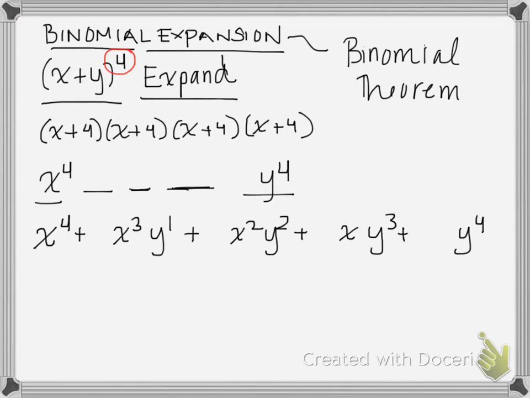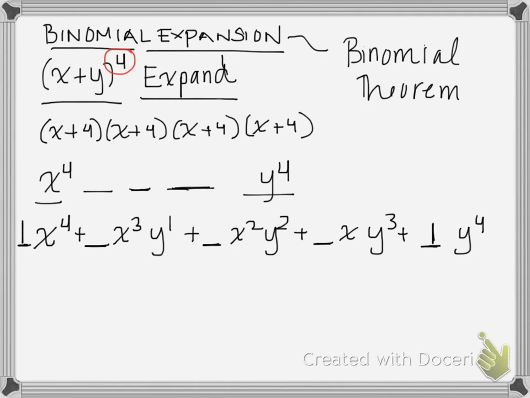Now, each of these terms is also going to have a coefficient. There's a coefficient here, and there's actually a coefficient on the first one as well. You may recall from some prior work with this that the coefficient on the first term is 1, and the coefficient on the last term is 1. Again, we don't need to write those. Then we have coefficients in the terms that are in between.